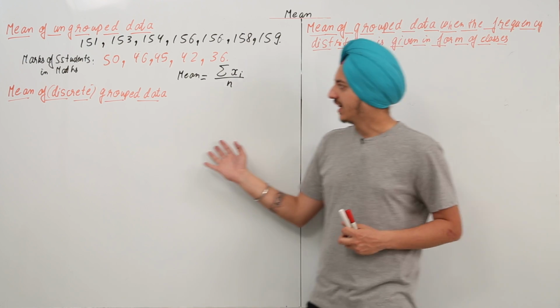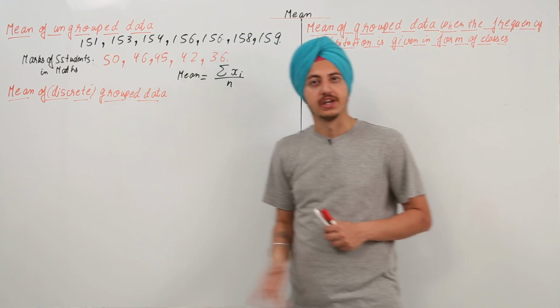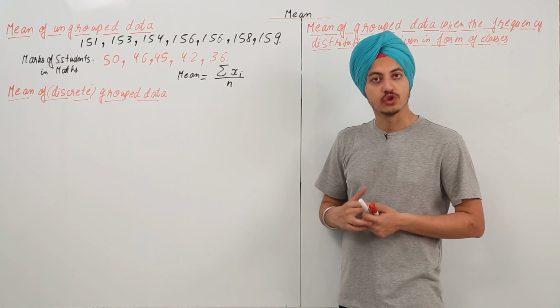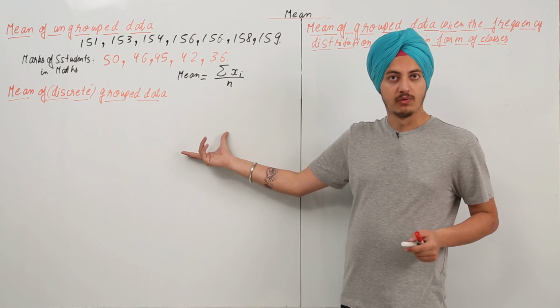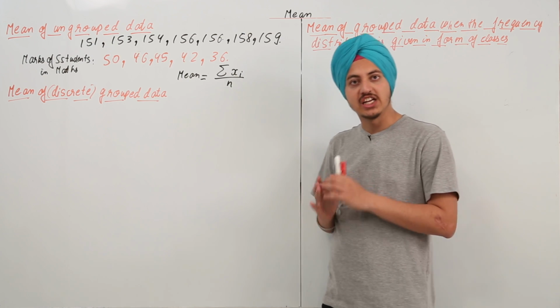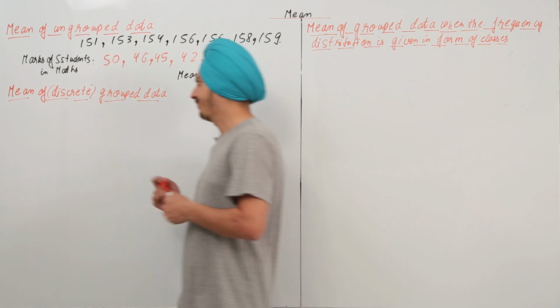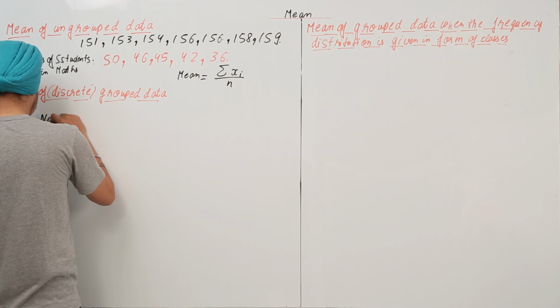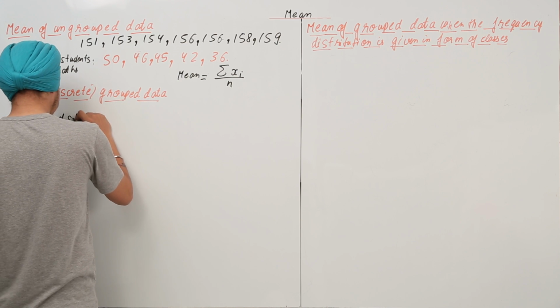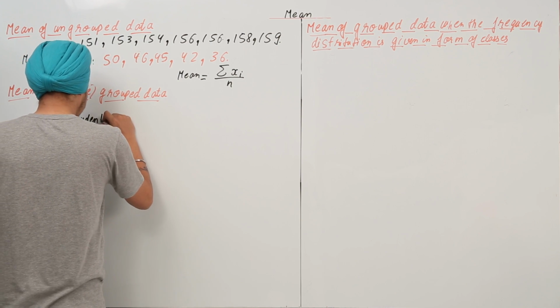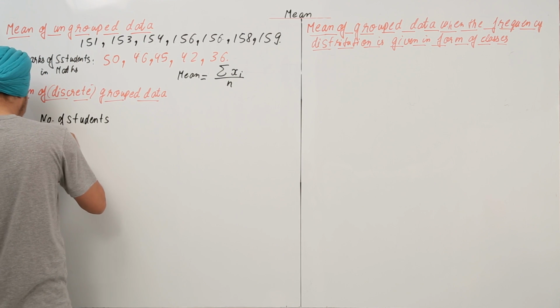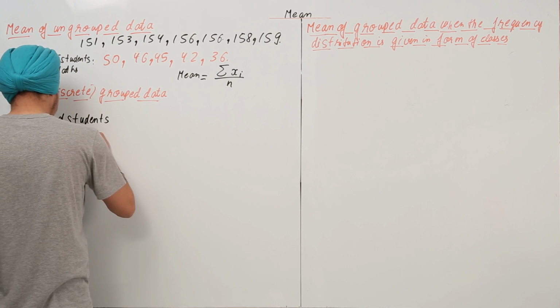Now second is mean of discrete or group data. First of all, what is group data? I will make a table over here that will explain what a group data is. It has number of students and marks obtained.